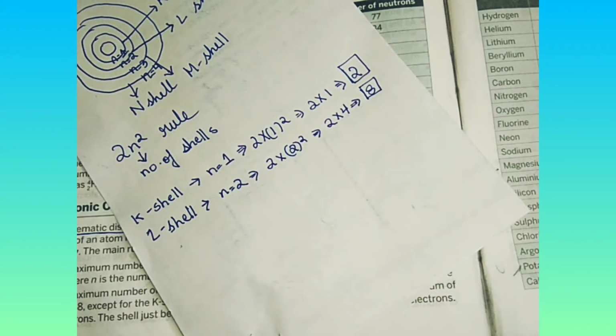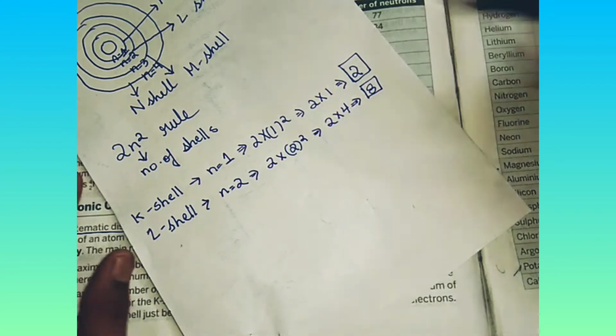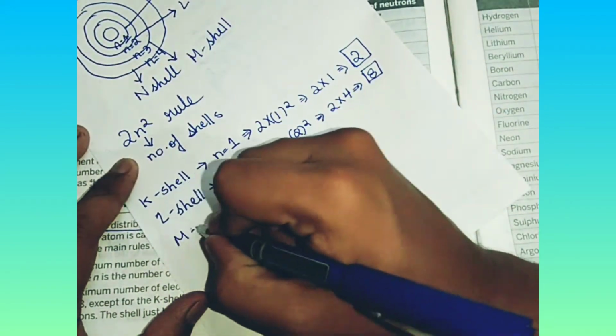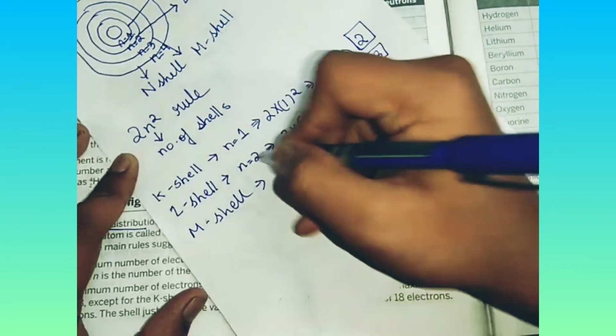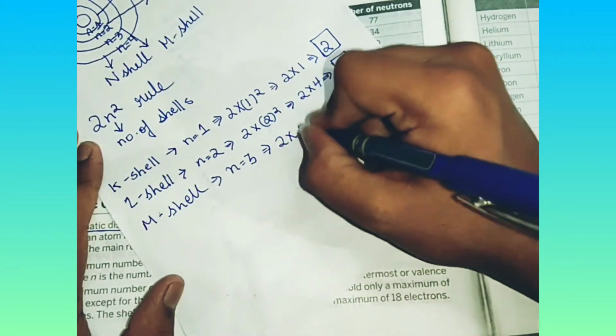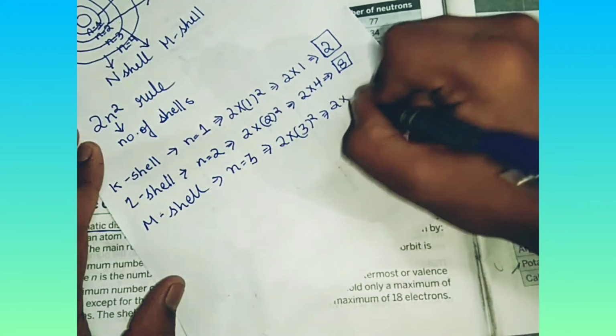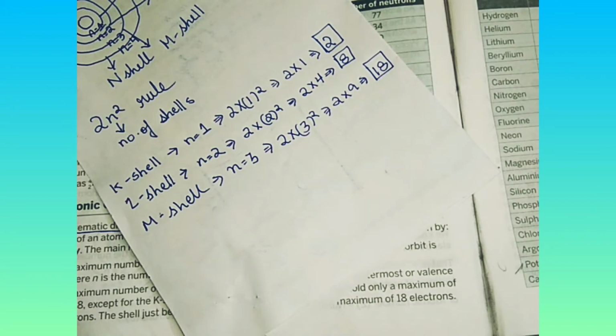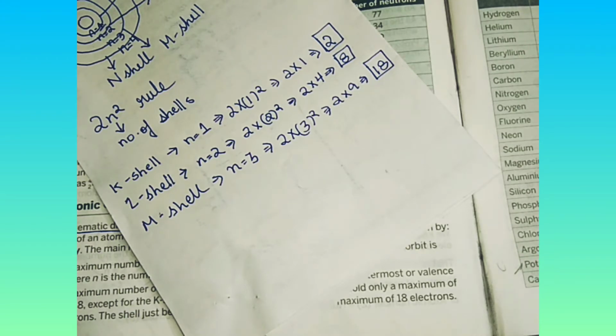This means the L shell can accommodate a maximum of 8 electrons. For the M shell, n equals 3, so 2 into 3 square, which is 2 into 9, and it gives you 18. So the maximum number of electrons that can be accommodated in the M shell is 18. Not more than 18 electrons can be accommodated in the M shell.